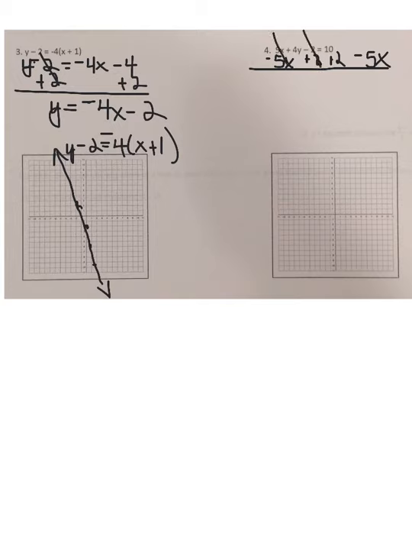So I have 4y left on the left side. And on the right side, I want to put in mx plus b form. So I'm going to put the negative 5x first. So negative 5x. And that 10 never moved. And it's positive, so I'm just going to leave it as plus 10. Okay?